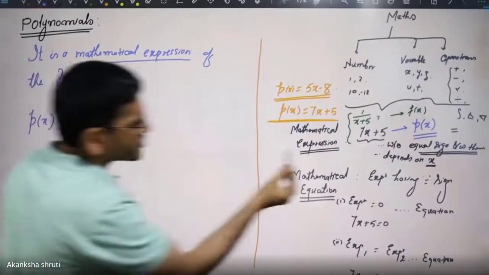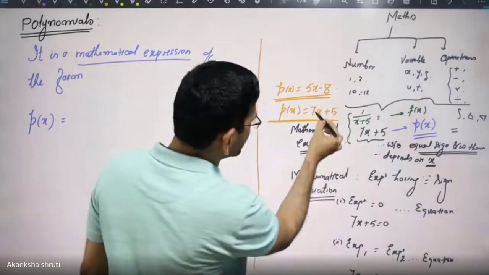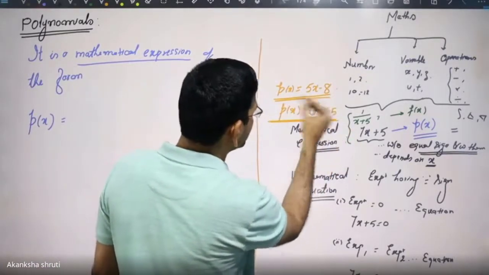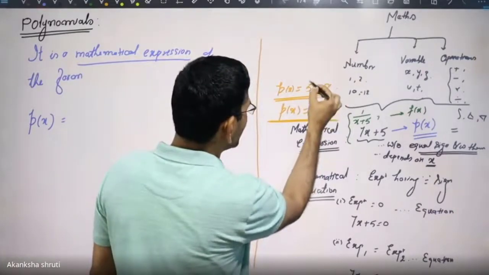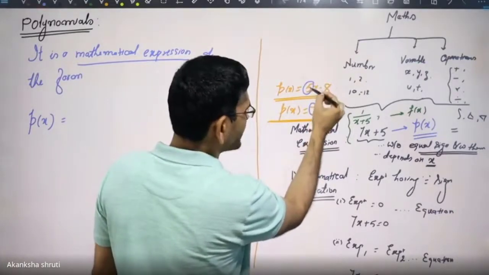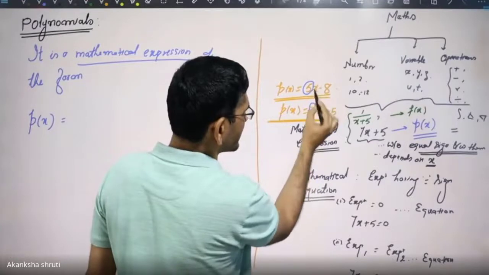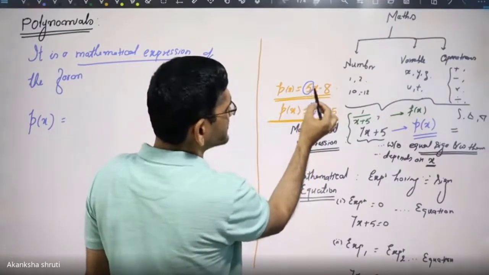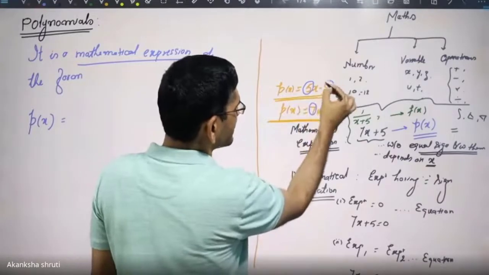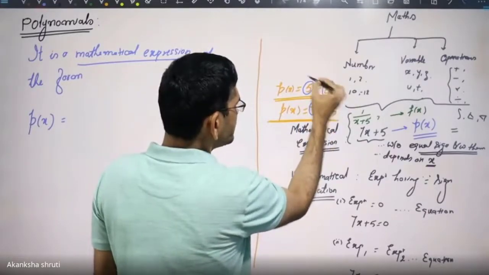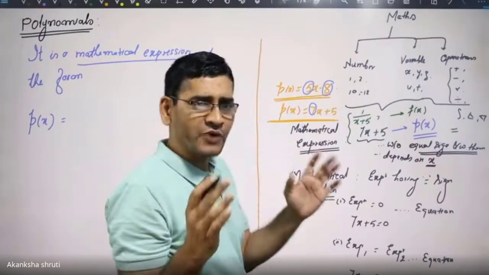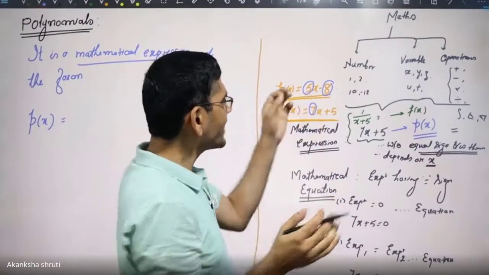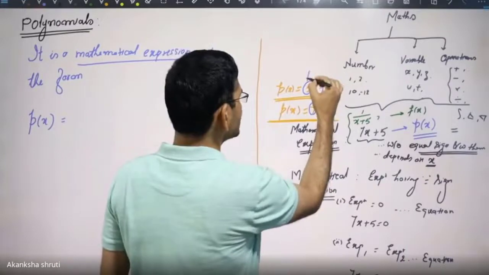Student, if I am considering 7x plus 5, this is like one of the constants. Say 5x minus 8, this 5 is the constant which is acting as a multiple or coefficient of this x. This is the other constant. So for denoting the general form in mathematics, rather than using this 5, 6, 7, we use a constant like a.